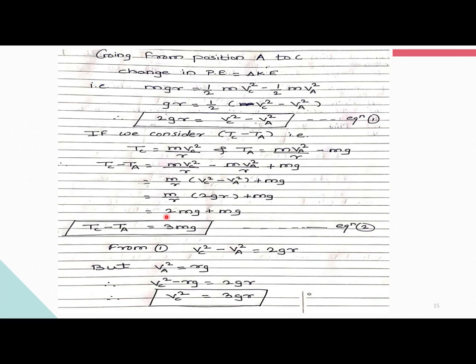Here it is equal to twice mg plus mg, which is Tc minus Ta is equal to thrice mg, because from equation number 1 we can write this as twice gr, and after this r and this r get cancelled, then it is twice mg plus mg, then Tc minus Ta is equal to thrice mg.